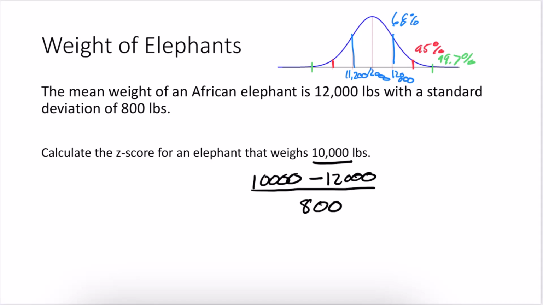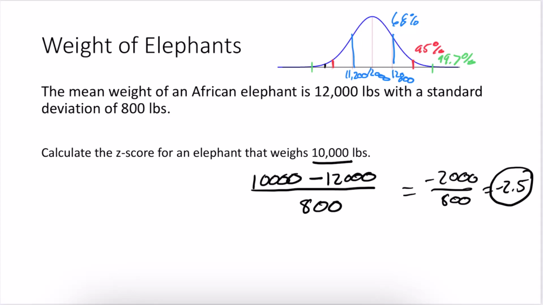So 10,000 minus 12,000 is negative 2,000, and if we do negative 2,000 divided by 800, we get negative 2.5. So this number is the z-score for this elephant. And basically what it's saying is that this elephant is 2.5 standard deviations below the mean.